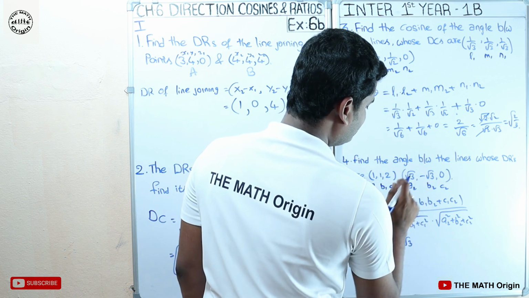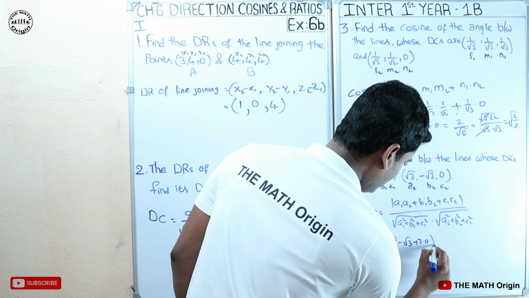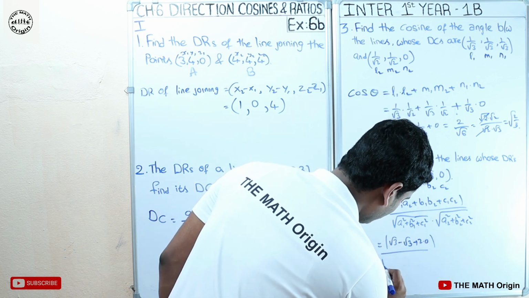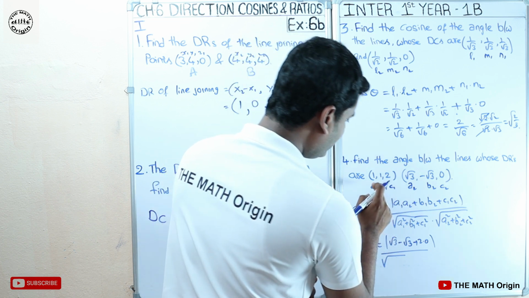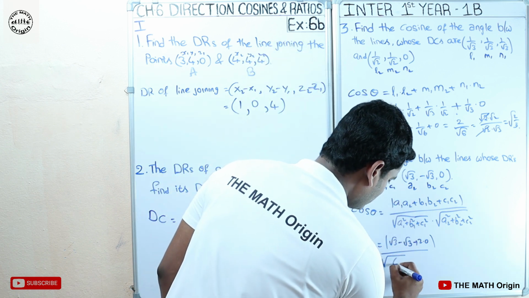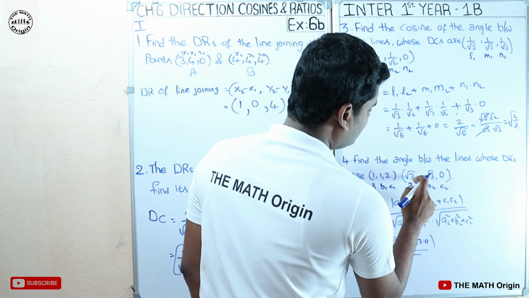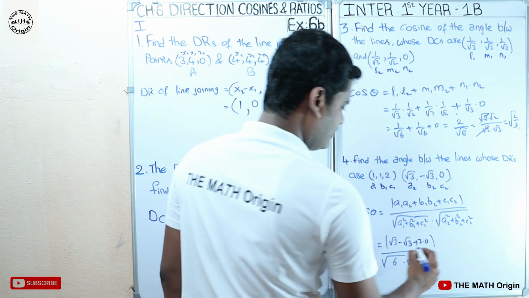Next, 2 into C1 into C2, 2 into 0 plus 2 into 0. Therefore, divided by A1 square plus B1 square plus C1 square, A1 square plus B1 square plus C1 square, which is 1 plus 1 plus 4, which is √6, into root of 3 plus 3 is 6.